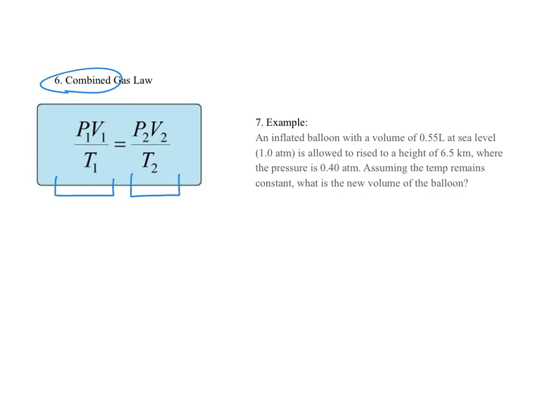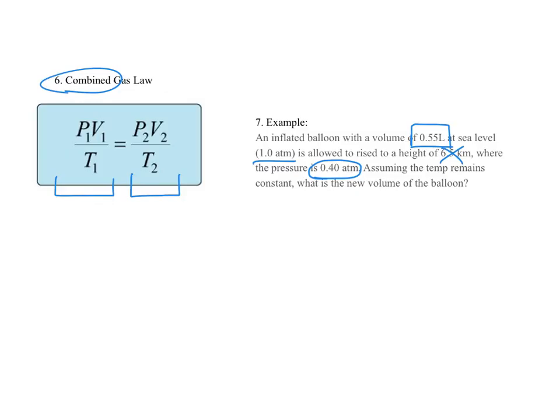So in this example, it says an inflated balloon with a volume of 0.55 liters at sea level, which has a pressure of 1 atmosphere, is allowed to rise to a height of 6.5 kilometers. That's just extra information, not anything I have to plug in. But at 6.5 kilometers, that pressure is 0.4 atmospheres.